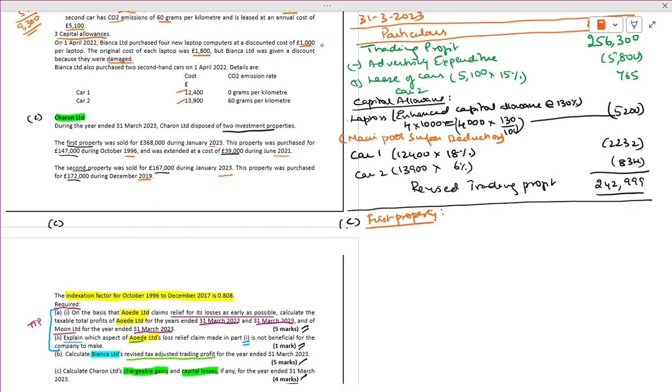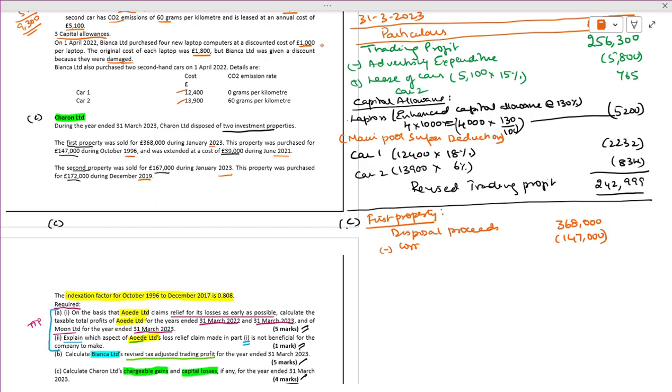Very simple, very straightforward. For the first property, how much is the disposal proceeds? They have sold it for 368. Less cost is 147.